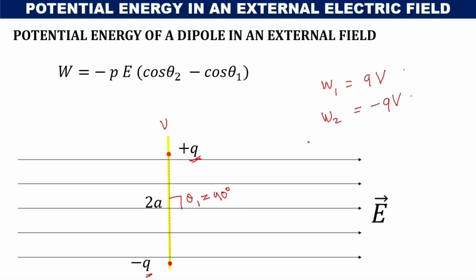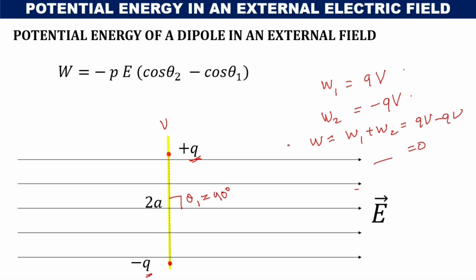Total work done in assembling these charges, W, must be equal to W1 plus W2, which is equal to QV minus QV, which is equal to 0. Therefore, when we choose theta 1 equal to 90 degrees, the potential energy of the dipole when the axis of the dipole is perpendicular to the electric field is equal to 0.